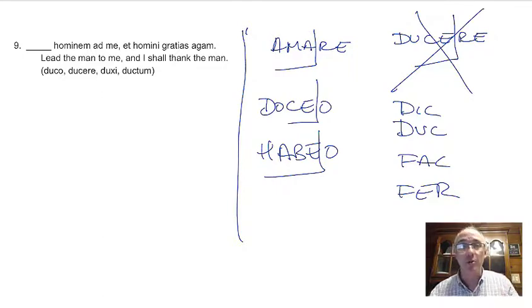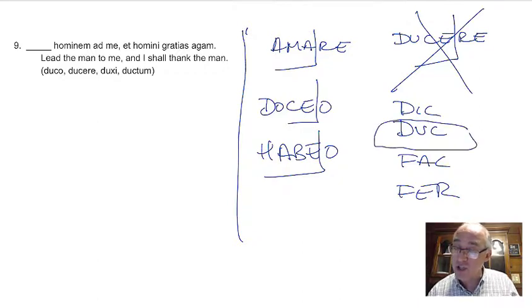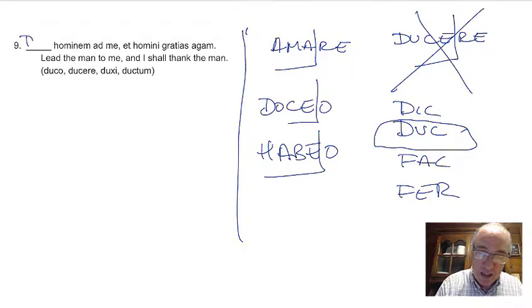Dic means say, duc means lead, fac means do, fer means carry, or bear it. But let's focus. As fun as those are to say, don't get me wrong, the one word that we're focusing on is duc. You want it to be duce, but this is an irregular imperative and only one of 4 in all of Latin. So duc, lead the man to me.